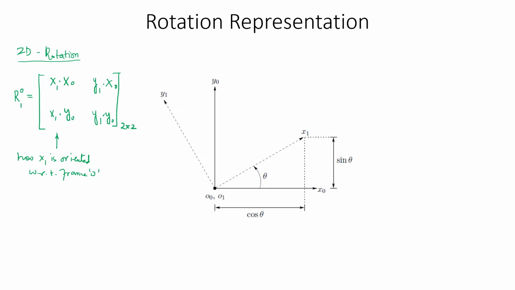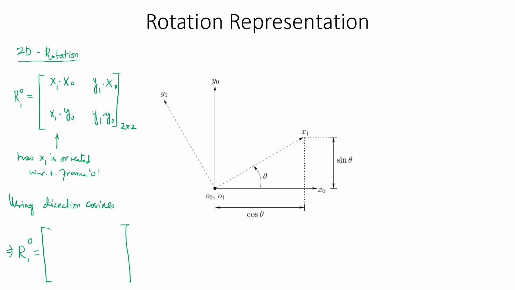Now, since you have this generic arrangement using the concept of dot product, you can make use of direction cosines and rewrite this whole matrix R10 using the angular displacement theta.